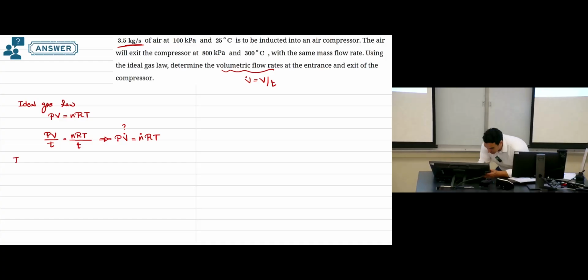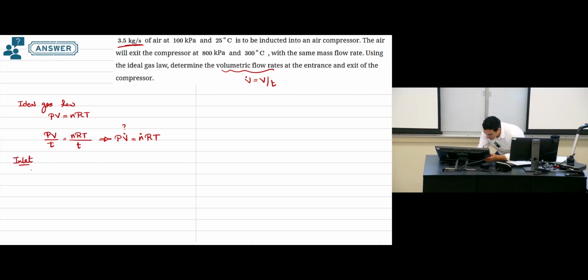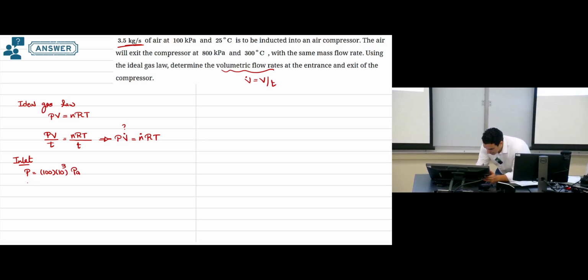So let's go to the inlet. The pressure at the inlet is 100 times 10 to the power 3 Pascal. The volumetric flow rate at the inlet is what I need to calculate. Then we have the ideal gas constant. The temperature at the inlet is 25 plus 273, so this is 298 Kelvin.